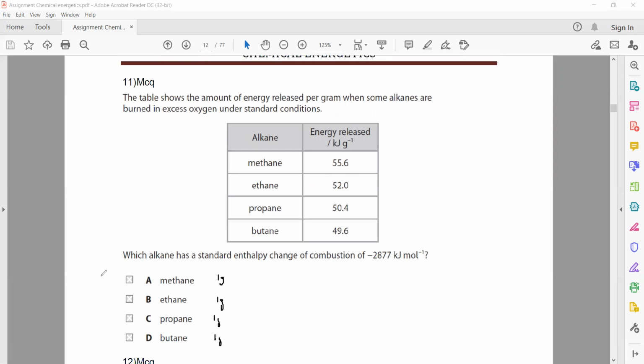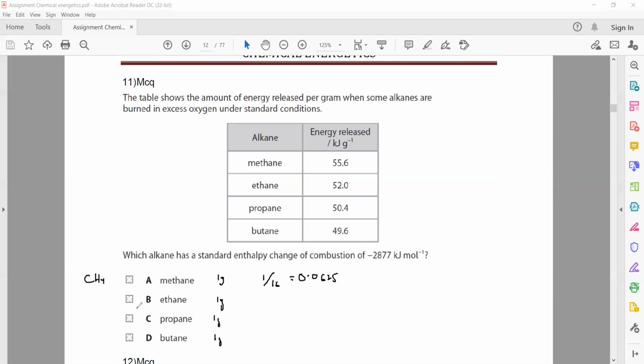For methane, which is CH4, the mass is 1, and the molar mass is carbon 12 plus hydrogen 1 times 4, which totals 16. So this is 1 divided by 16. So 1 gram of methane will have 0.0625 moles.